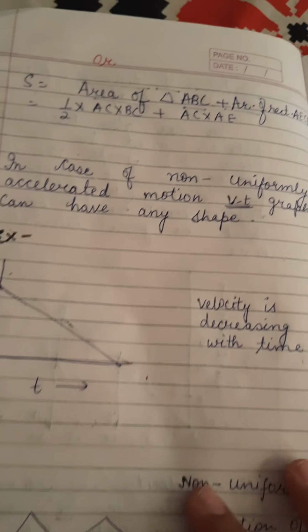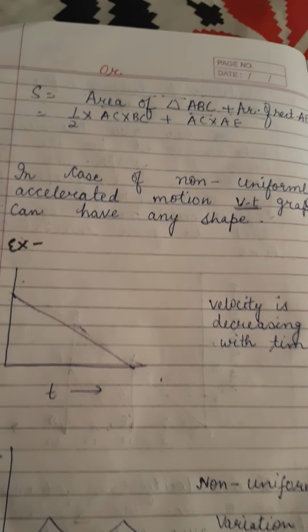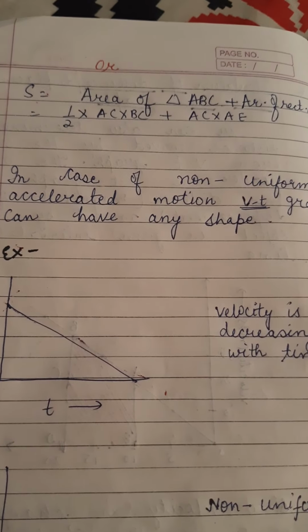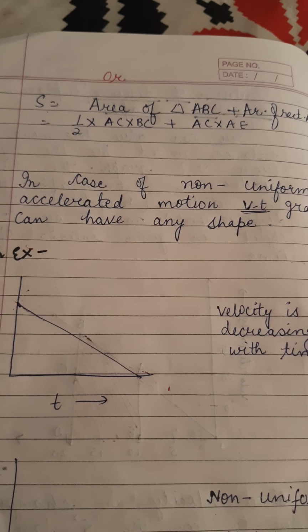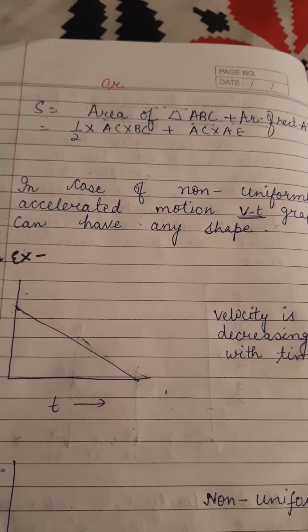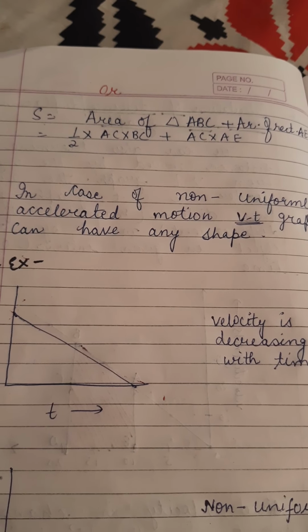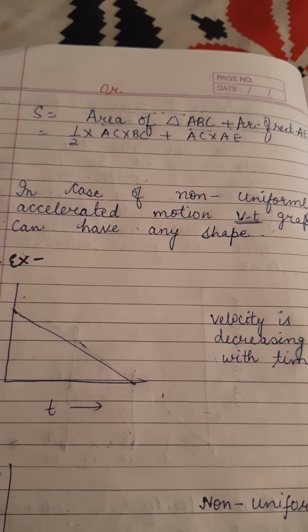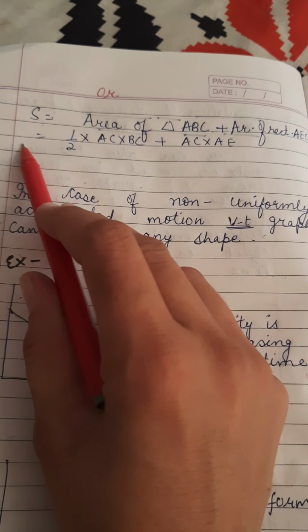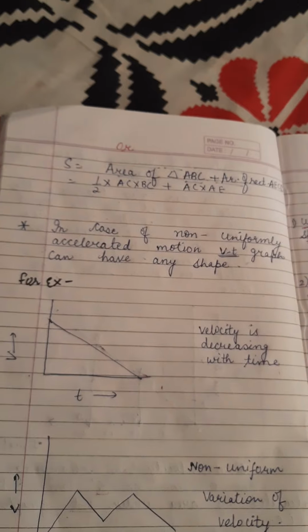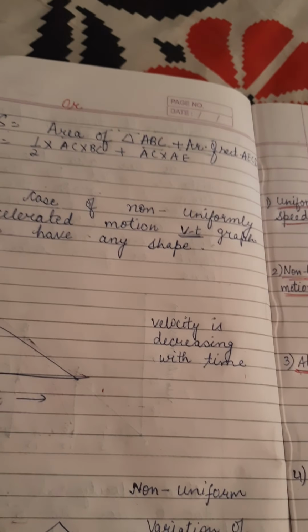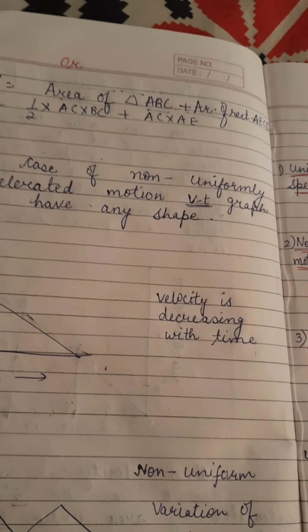Both are the same. You can use any one if you want to calculate the distance from a velocity time graph. And remember that in a distance time graph, distance is given on the y-axis. That's why this is an extra feature which we can calculate only from the VT graph. That distance can be calculated by calculating the area under the curve.